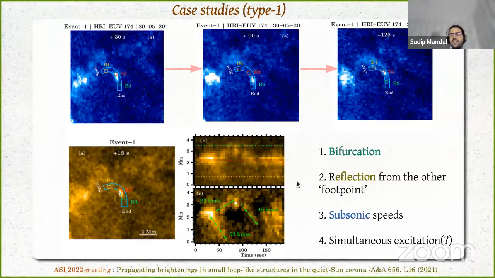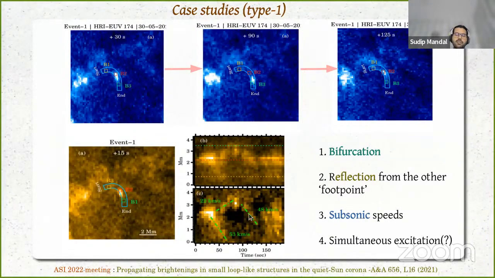We call this type of event a bifurcation event, because from the initial brightening, you see two slanted lines, which indicate that it has bifurcated into two, and then one of them comes back. The other one does have a signature, but it's not really meaningful. This bouncing back, we call a reflection.